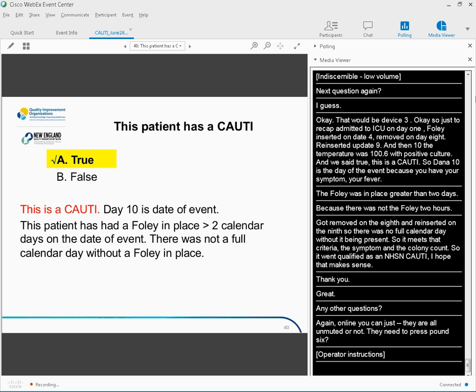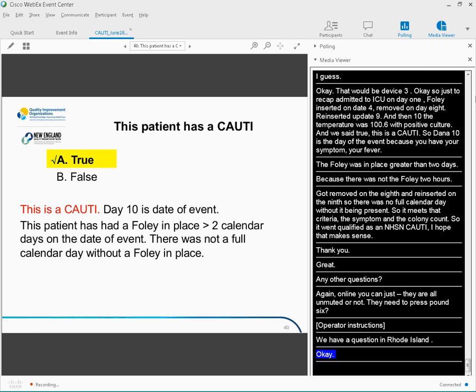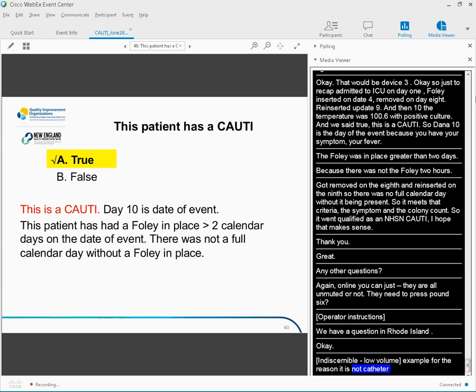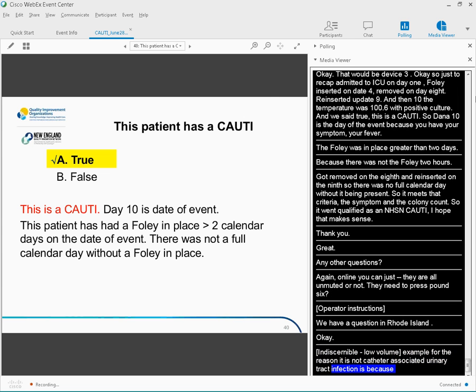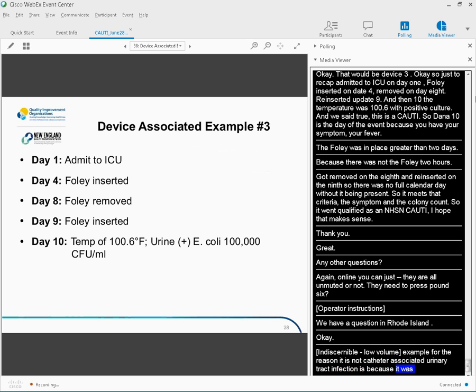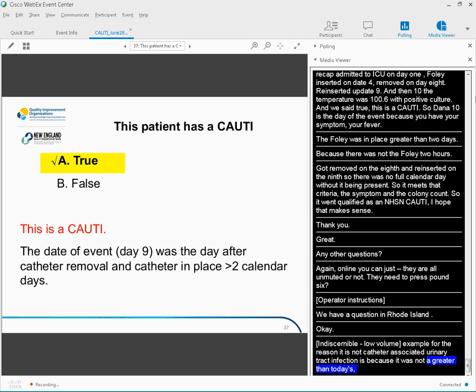We have a question here from Rhode Island. On device example 4, the reason it is not a catheter-associated urinary tract infection is because it wasn't in greater than 2 days. It was just 2 days. I'm sorry, can you say which one it is again? Number 4.